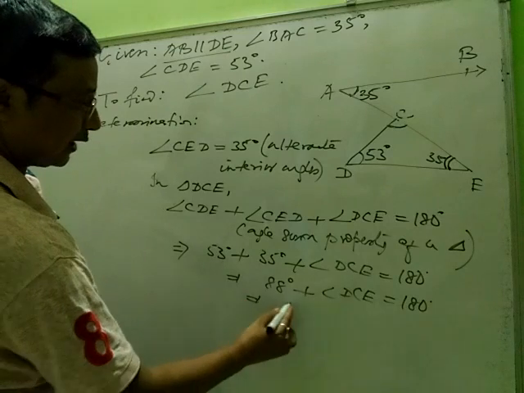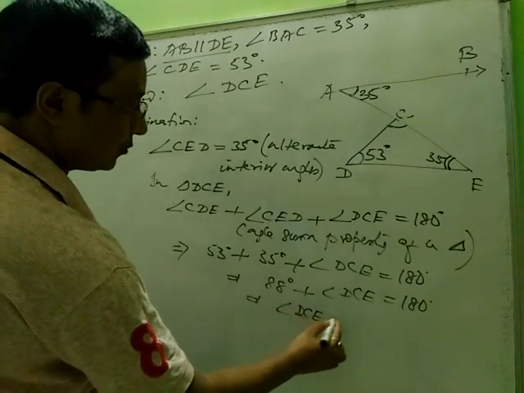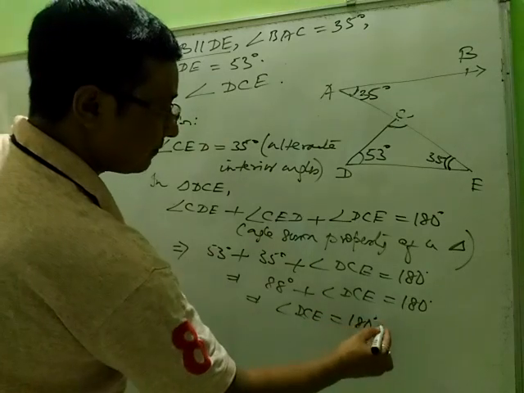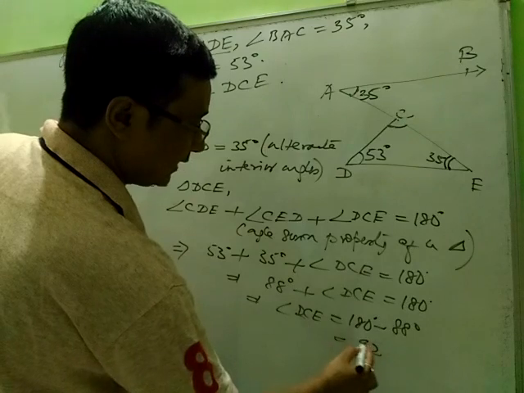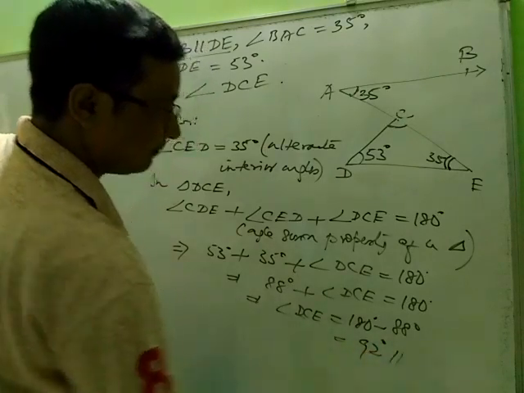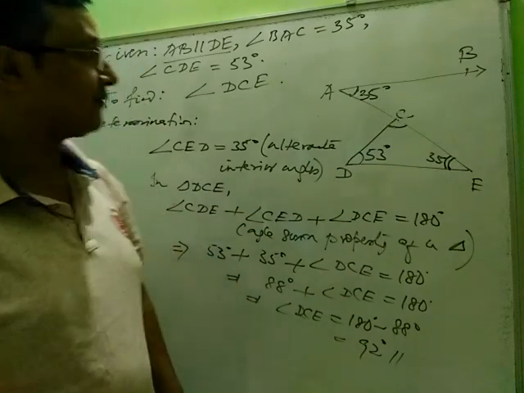This gives angle DCE equals 180 minus 88, which is 92 degrees. So it is very simple.